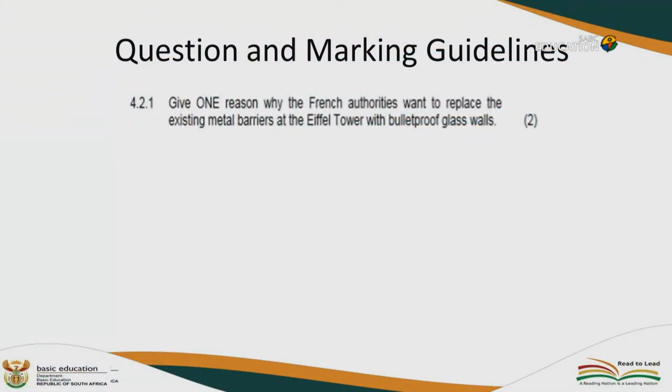Questions and marking guidelines, 4.2.1. Give one reason why the French authorities want to replace the existing barriers at the Eiffel Tower with bulletproof glass walls: to prevent the terrorist attacks and so on. But now let's see what our marking guideline says. Guys, remember that you need to be in a position to understand the question first.